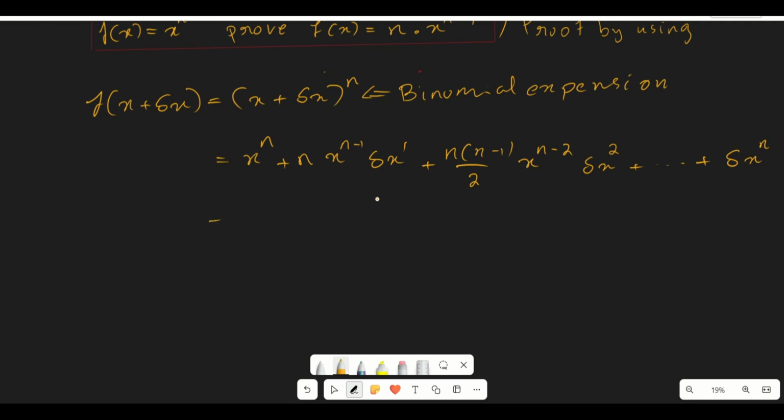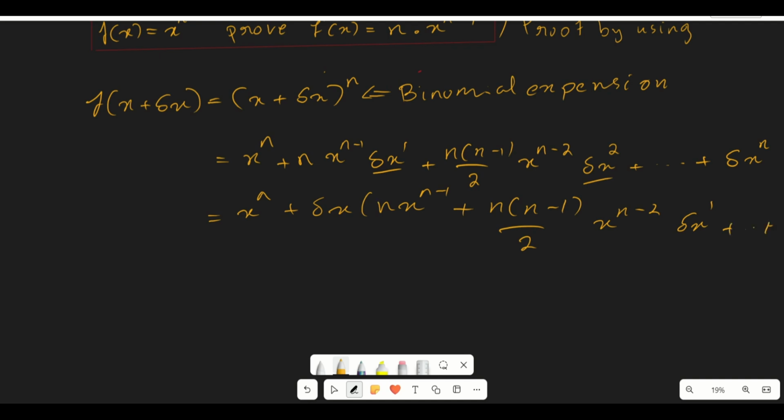So in this step I will try to factor out all the delta x terms, starting from the second term, because we don't have delta x in the first term. If I factor this out, there isn't going to be any delta x in the second term, so plus n minus 1 by 2 x power n minus 2, this is going to be delta x power 1.